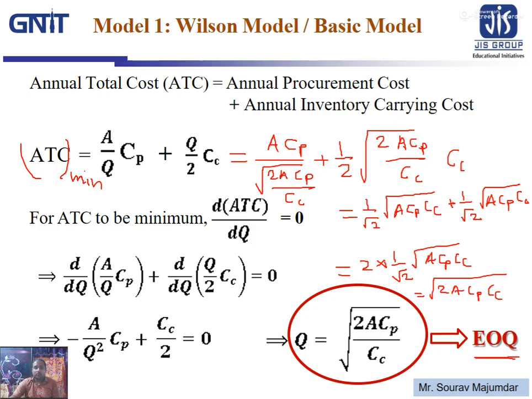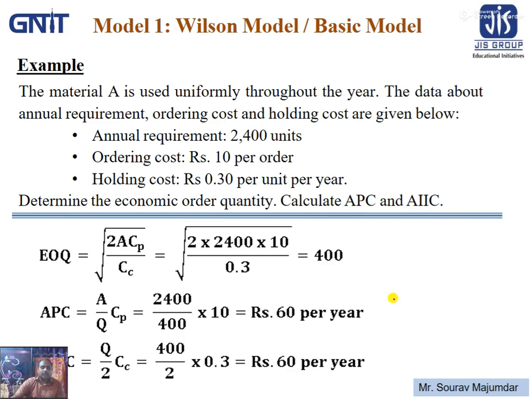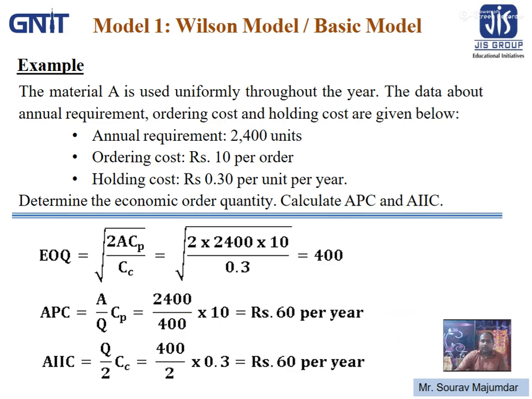Now come to an example. This is an example where a material A is used uniformly throughout the year. The data about annual requirement, ordering cost and holding cost are given below. Annual requirement is 2400 units, ordering cost is 10 rupees per order, holding cost is 0.3 rupees per unit per year.